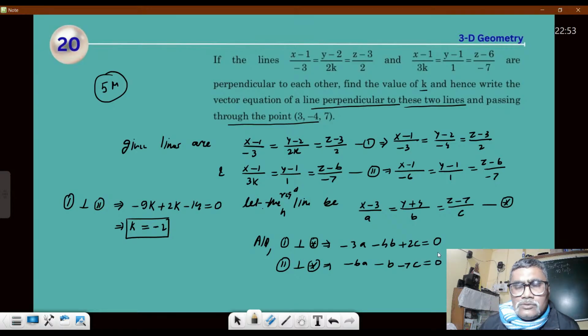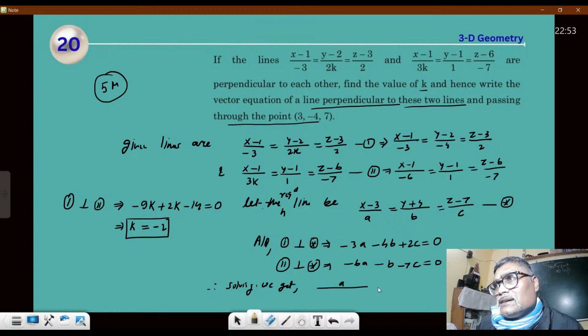So now how will you solve? Actually, I want to show you the solution of this, because of that I have adopted this. Otherwise you could have done it by the cross product also. So we solve these equations.